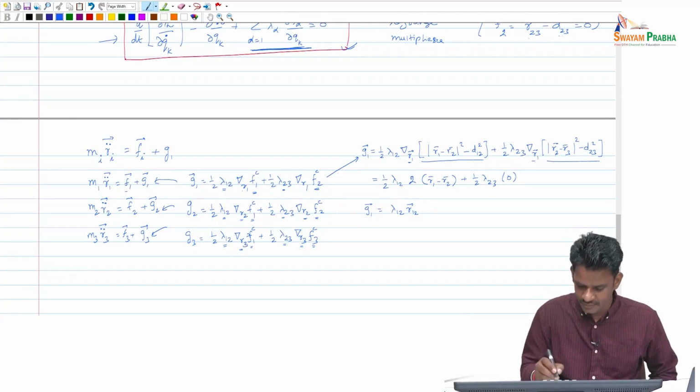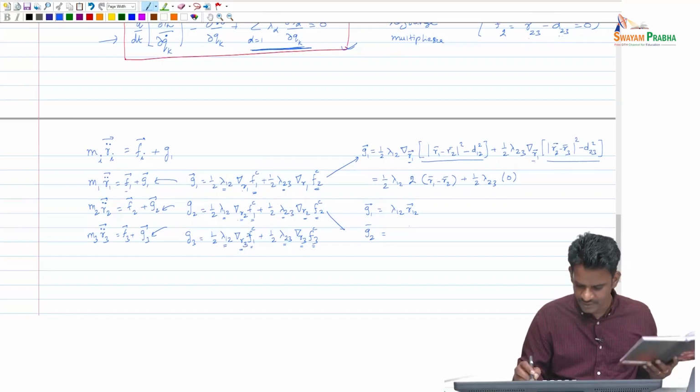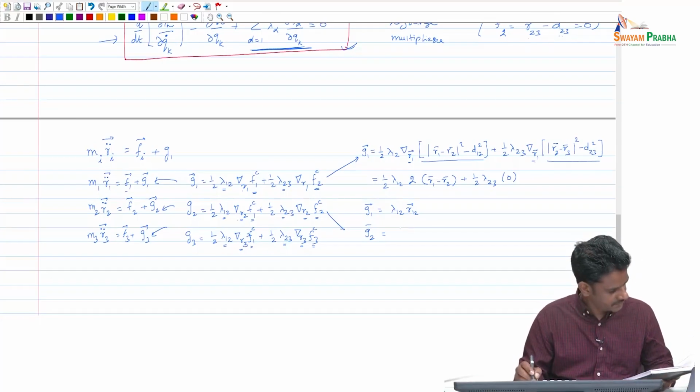Similarly, you can take this expression, write this F1c, F2c, and then differentiate with respect to R2. You will see that G2 comes out to be, I will write down the result here, but something I can check.